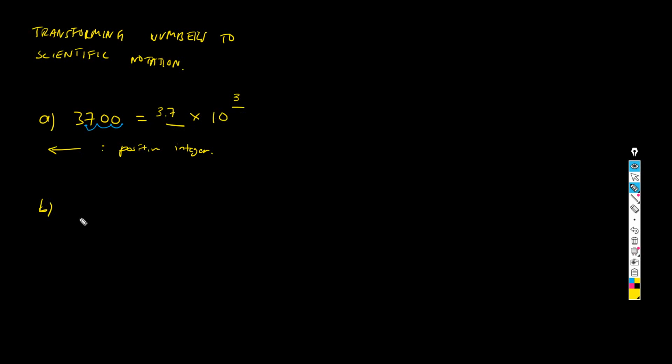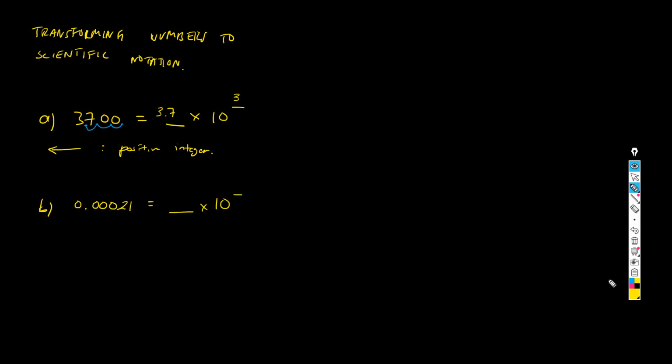Now B, how about this number? 0.00021. So we have this number. It's not written in scientific notation, so let's write it down in scientific notation. We need to write it as some number a times 10 raised to an integer exponent.